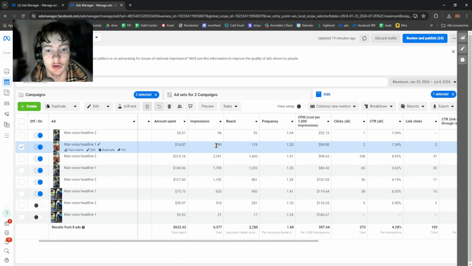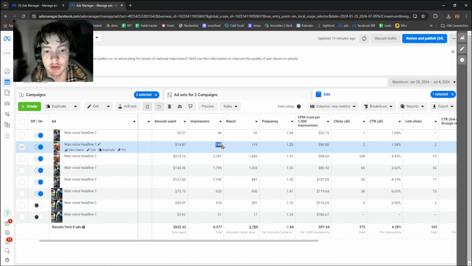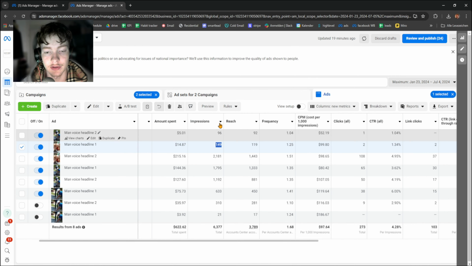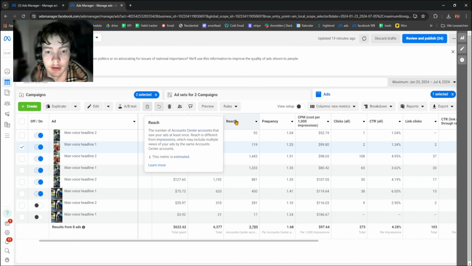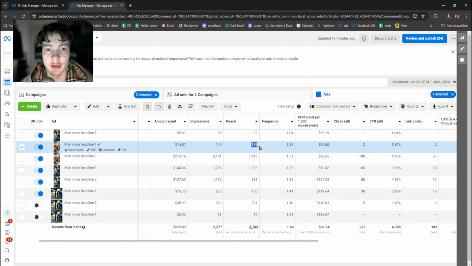So when we have 149 impressions, it could be there's just 3 people that saw the ads 50 times. This is exaggerated, but this could be the case. Reach is how many people you actually reached. In this case, it's 119, so it's 119 different people that saw the ads, and 149 impressions.